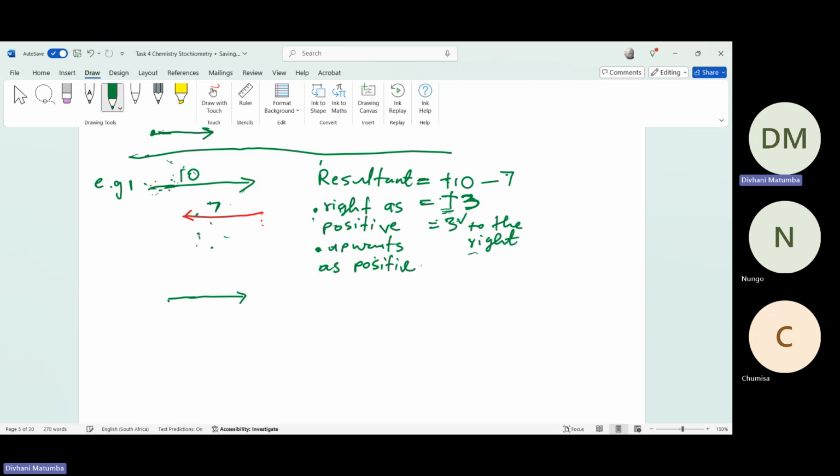The direction is to the right. Example 2. Let's say the first vector is 5. The second vector is minus 9. And the third vector is 2.